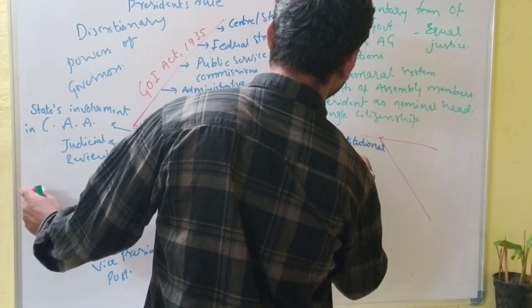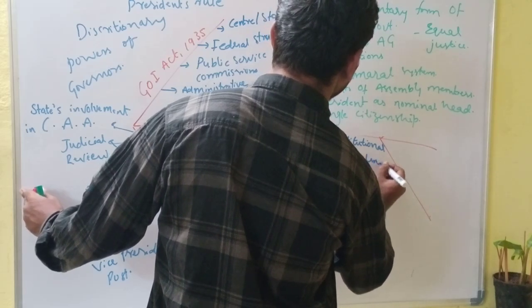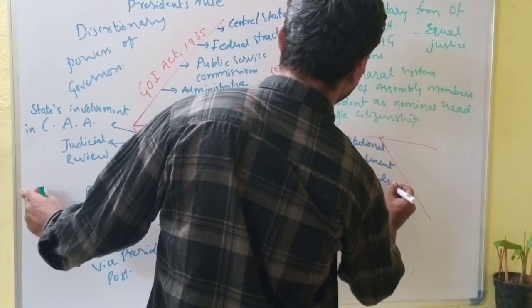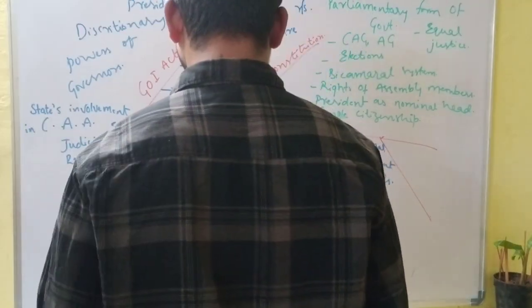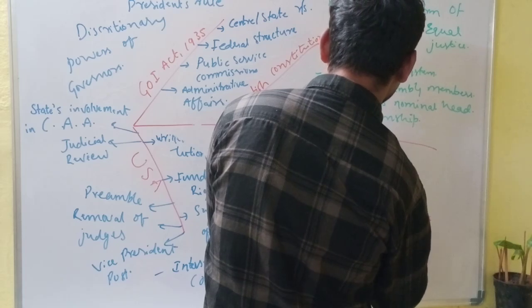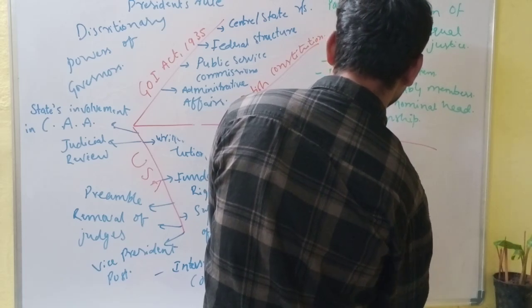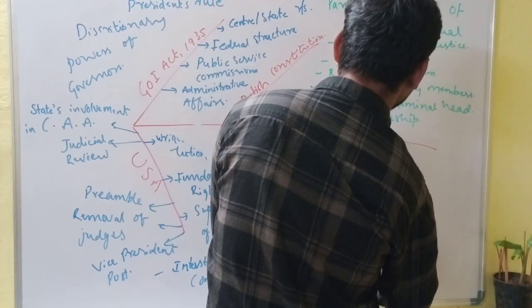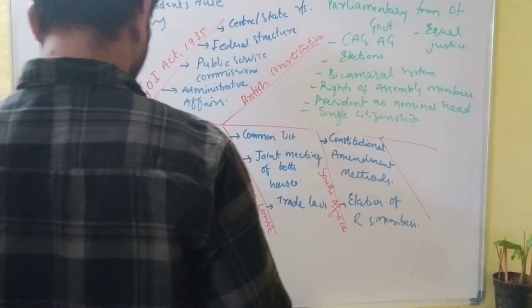And the next one is election of Rajya Sabha members. These are the provisions we have taken from South Africa. Now coming to Russia.